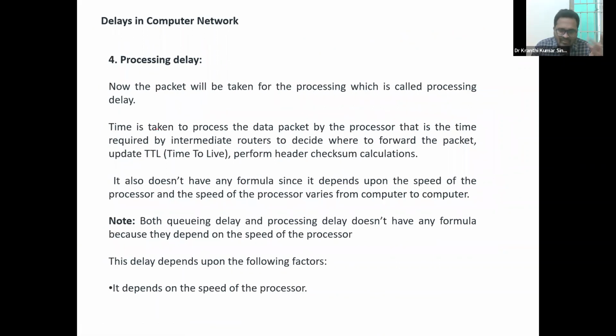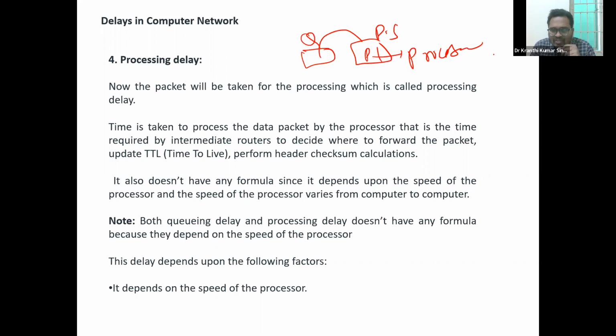Anyways, second point, processing delay. Now the packet will be taken up for processing, which is called processing delay. If a processor is free, then the packet moves from the queue to the processor space. Packet 1 is taken up by the processor and starts executing one by one.